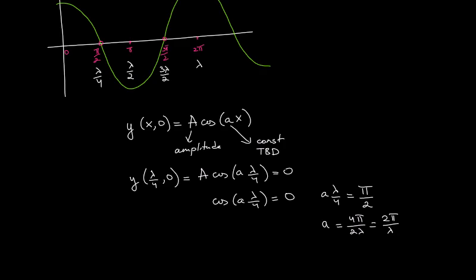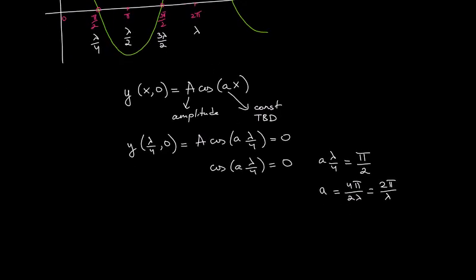Now I can represent the general form of my wave function y(x,0) at time equals 0 equals A cosine of 2 pi over lambda times x. I'm sorry, this is multiplied by x, and that would be it.